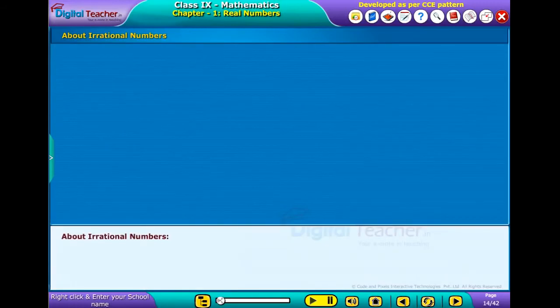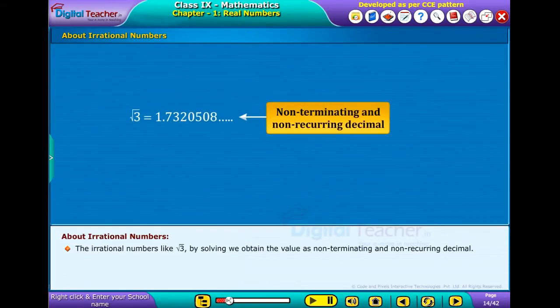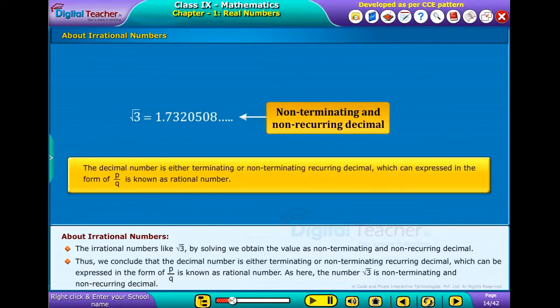Let us know in detail about irrational numbers. For irrational numbers like root 3, by solving we obtain the value as a non-terminating and non-recurring decimal. Thus, we conclude that a decimal number that is either terminating or non-terminating recurring, which can be expressed in the form of p by q, is known as a rational number.